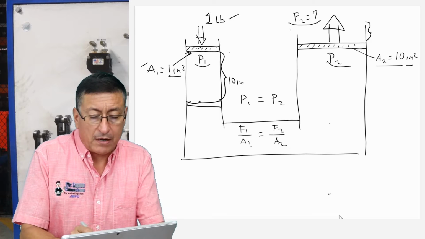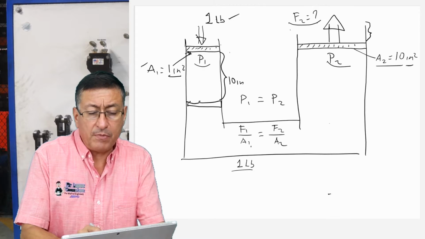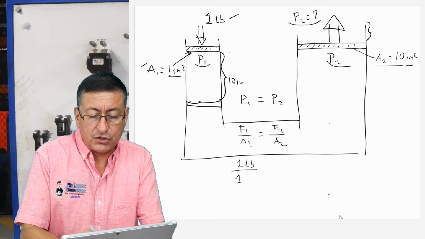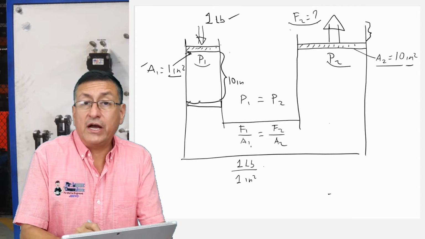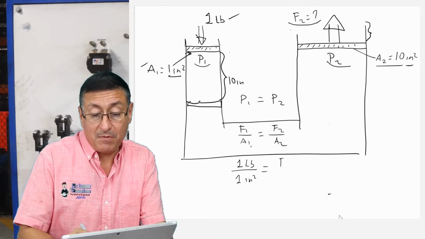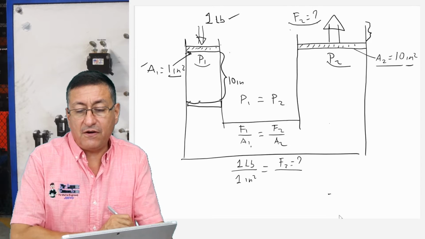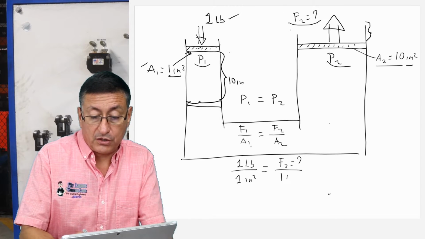How much is the force number 1? The force number 1 is 1 pound. How much is the area number 1? It is 1 square inch. On the second side, how much is the force number 2? This is the $1 million question. It is divided by the area, which is 10 square inches.